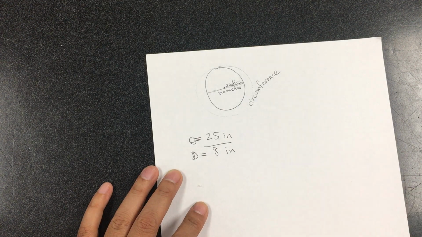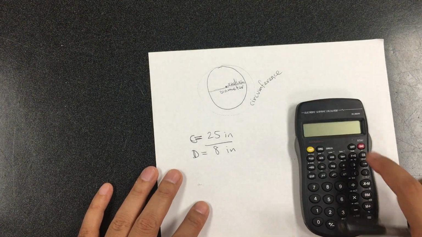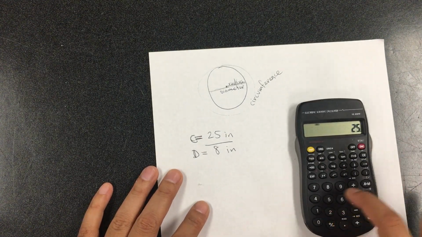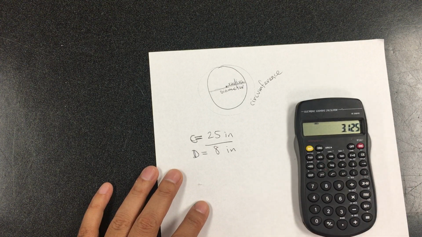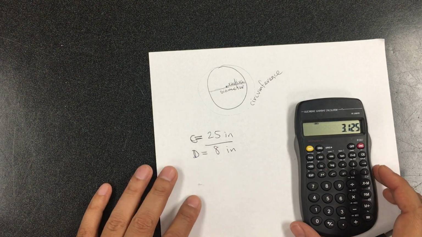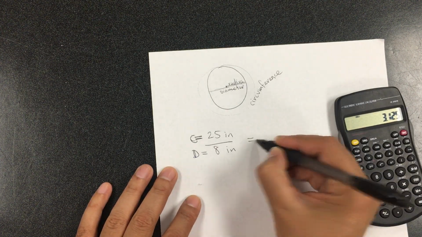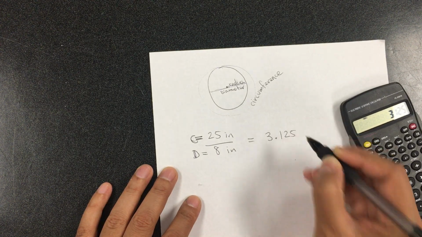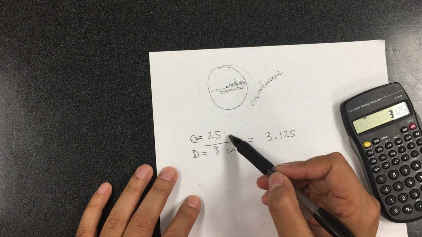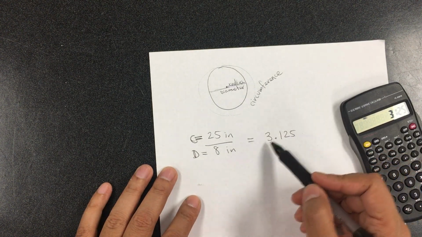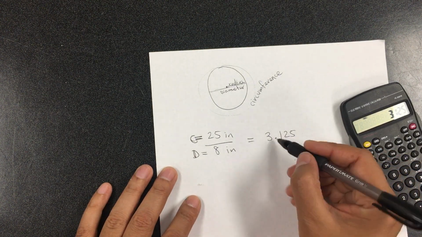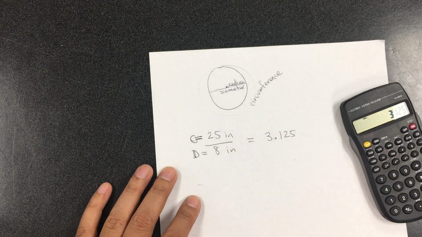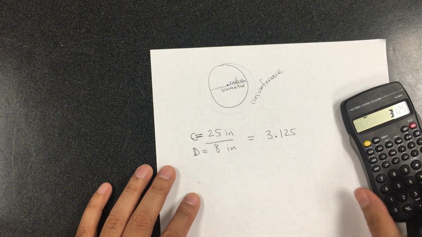Now, if I divide 25 divided by 8, gives me 3.125. And I'm not going to put inches because inches divided by inches is 1, and 1 times 3.125, so basically the units just cancel.